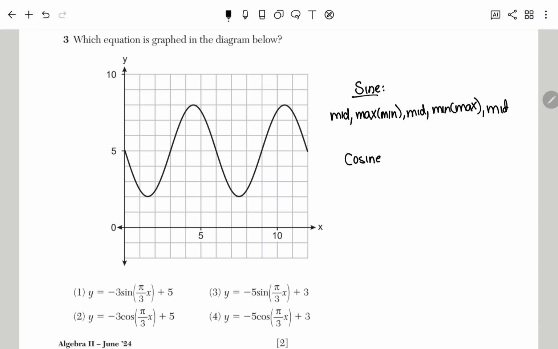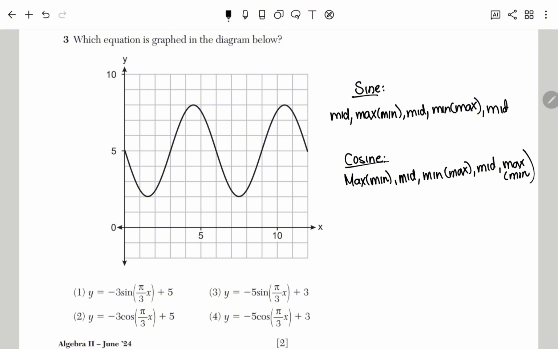Cosine, on the other hand, does max or min, midline, the minimum or the maximum, midline, and then either the max or the min, whichever you start with.